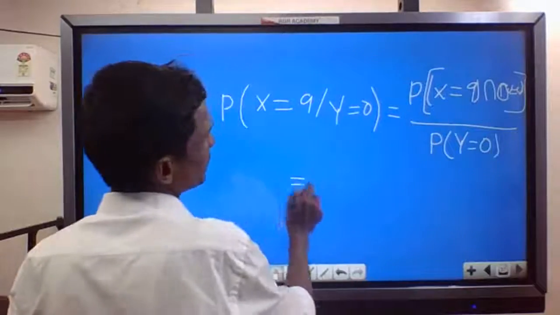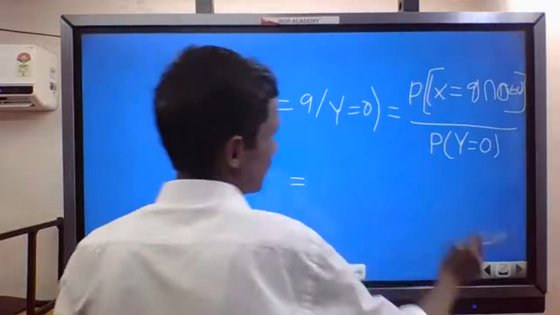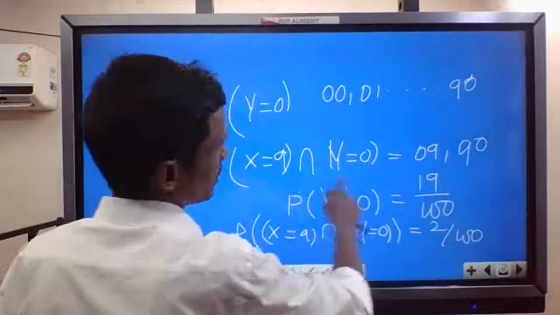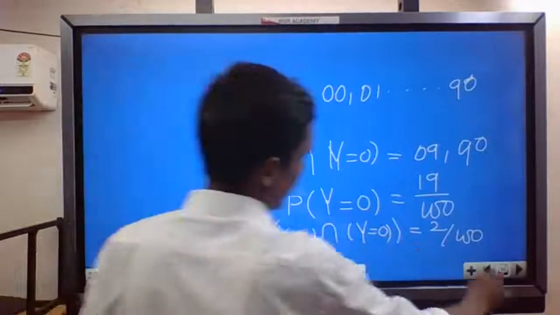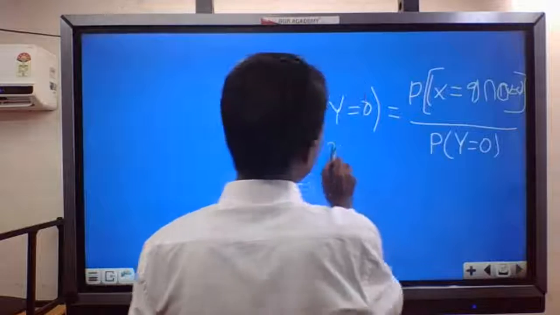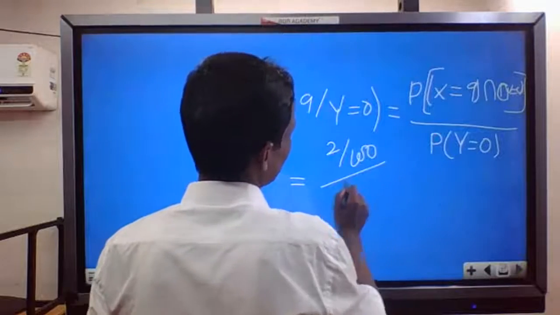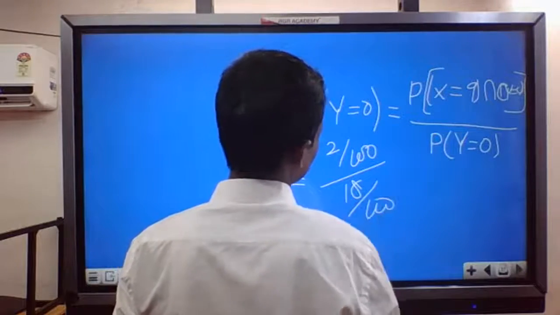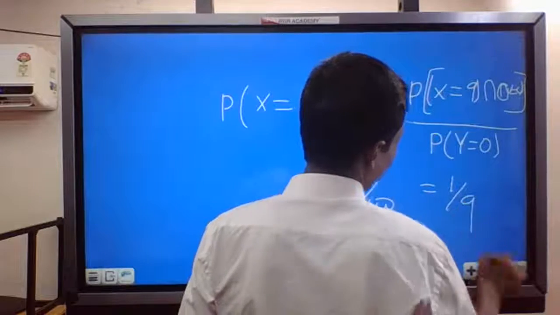That is 2 divided by 100 divided by 19 divided by 100.